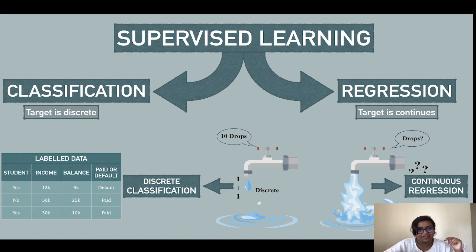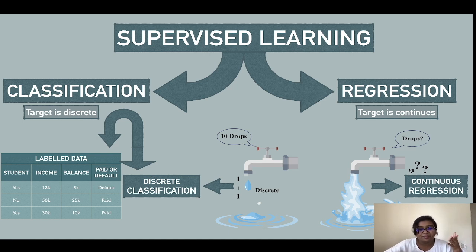Look at the data, see the variables, especially the target variable, and tell me what type of target variable it is. If you guessed it is a classification problem, then yes, you're right.